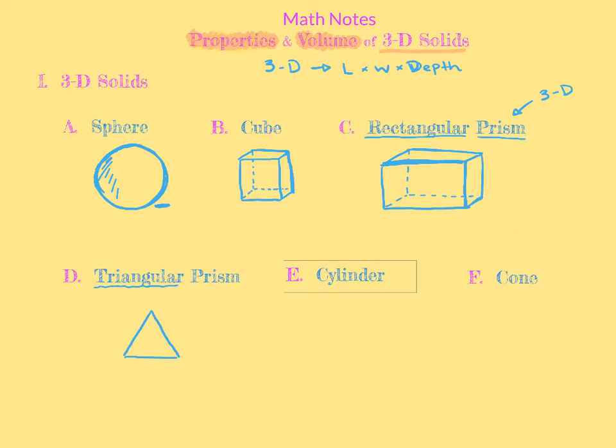What you could say is, and I'm going to redraw this, it's kind of like the rectangular prism, but instead of the faces here being rectangular, these two faces that we have here, in the case of the triangular prism, they're triangular.